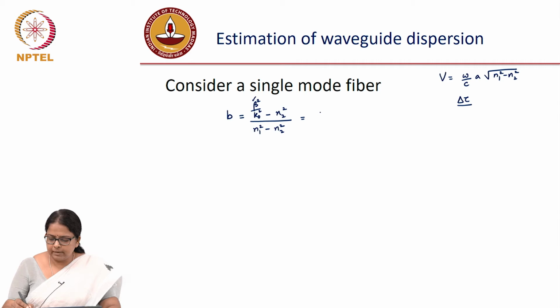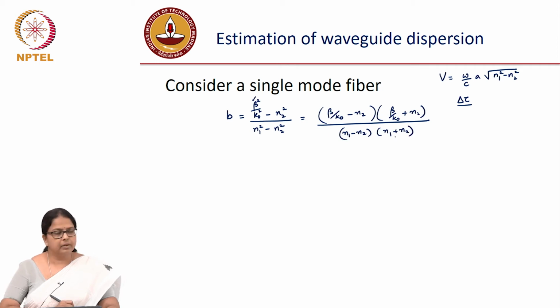So, to do that I am going to do a slight shortcut here. We are going to do beta by k naught minus n2 times beta by k naught plus n2 divided by n1 minus n2 times n1 plus n2, okay.